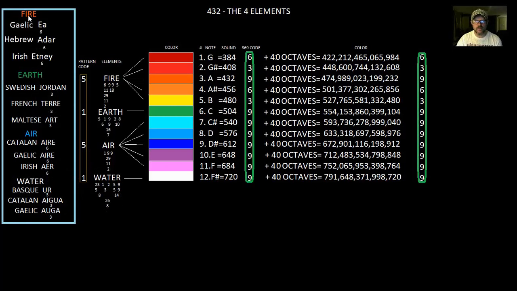I think I found some fire coded to 9. I just ran out of time, so they didn't make the clip. So there are other words for fire, earth, air, and water in the other languages that do code to 9. I don't want to exclude that or miss that. So I think that about wraps it up.